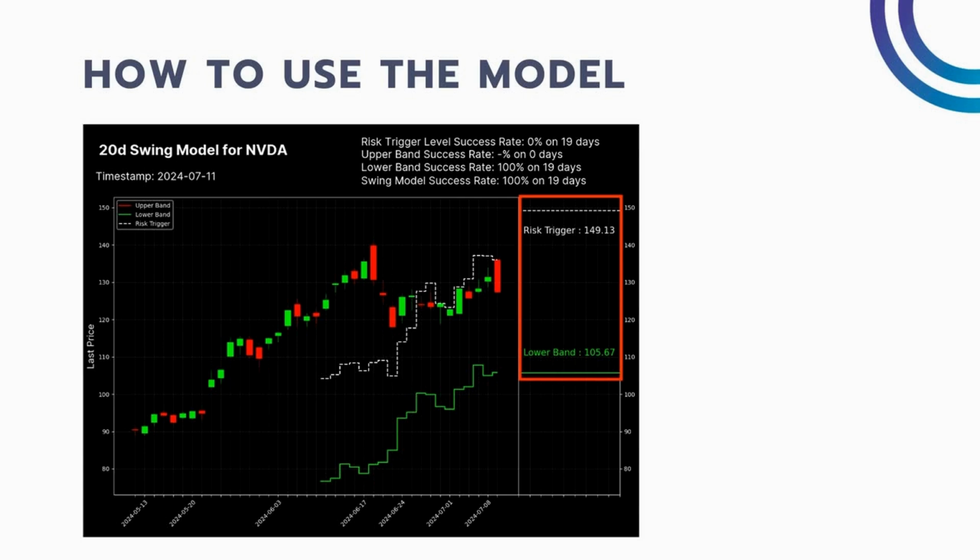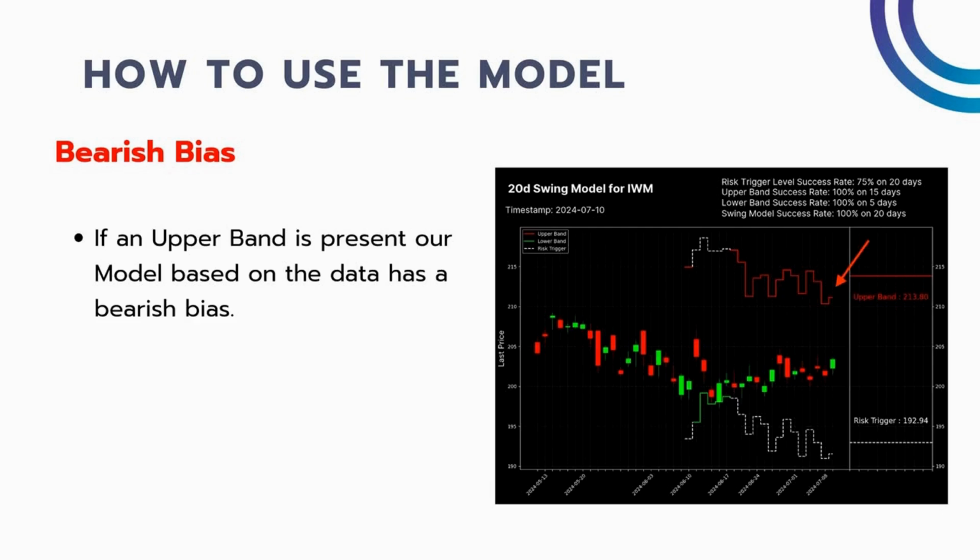That could be either at the top if the lower band is present or at the bottom if the upper band is present. So the dotted line is really a risk assessment level. Those 2 levels express the volatility range of the asset within the specified time horizon, so 5 days and 20 days. And these levels update on a daily basis. So let's go to the next slide.